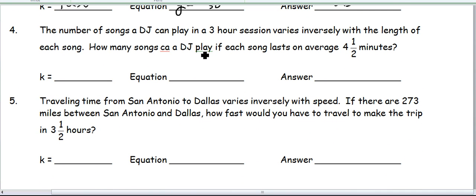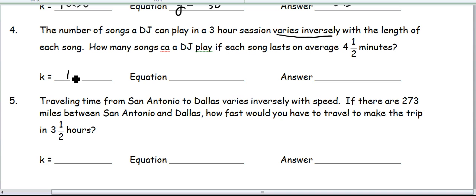The number of songs a DJ can play in a 3-hour session varies inversely. Again, I'm not going to highlight it this time. Varies inversely with the length of each song. How many songs can a DJ play if each song lasts an average of 4.5 minutes? All right, so the one thing is the 3-hour session. That's all the time there is. Well, since this over here is in minutes, I'm going to go ahead and convert my 3 hours into minutes.